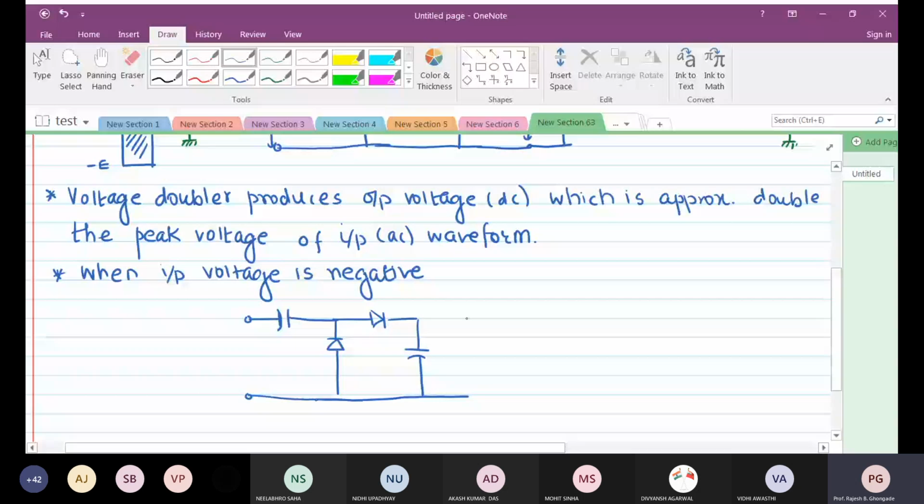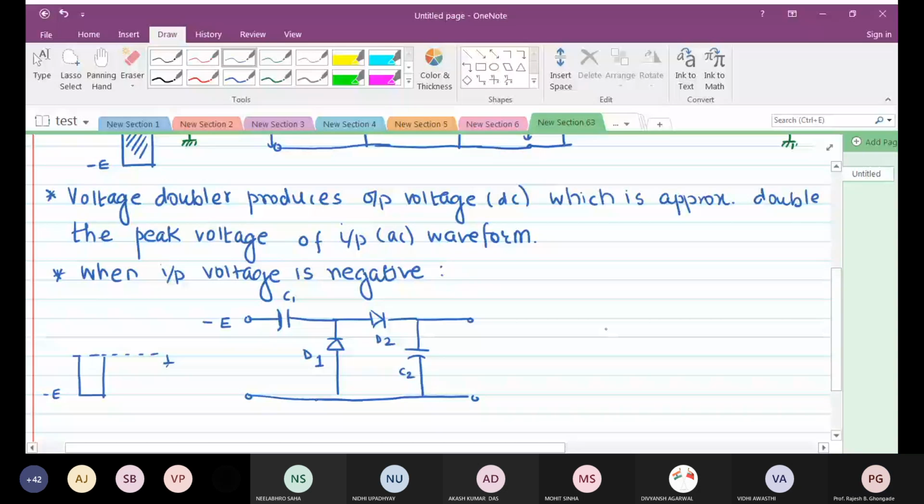So if this is your ground and we are talking about the negative half cycle, that is when input is negative, what is the status of D1, D2, C1 and C2? So what will happen to D1? If your input is negative, so I'm applying minus E here, will it be forward biased or reverse biased?